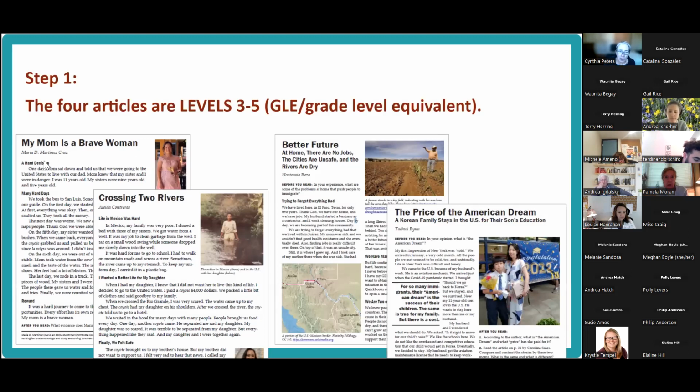There's this one that we just read, My Mom is a Brave Woman, and here it is in PDF format. And then there's Crossing 2 Rivers, which is that story that I mentioned, which is from the perspective of the mom bringing her children across the river and then the desert. Then there's a story about somebody seeking a better future.